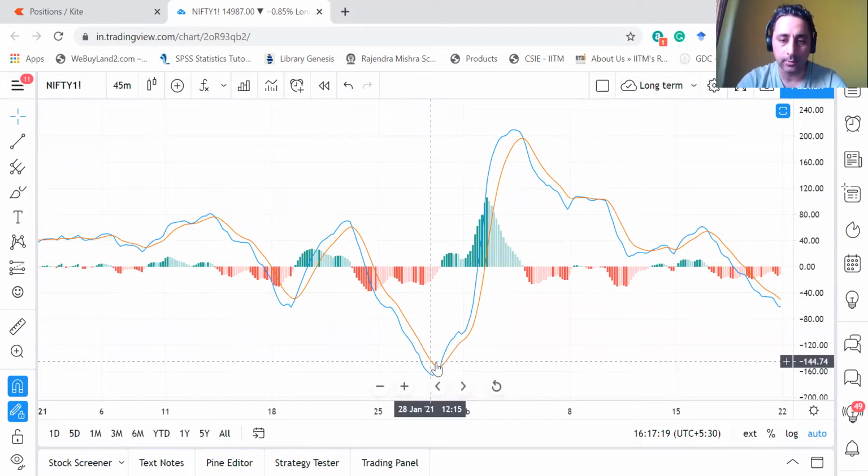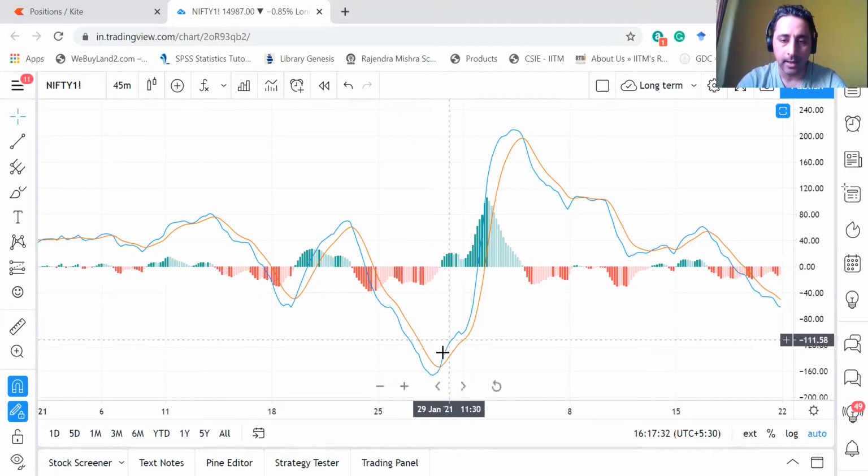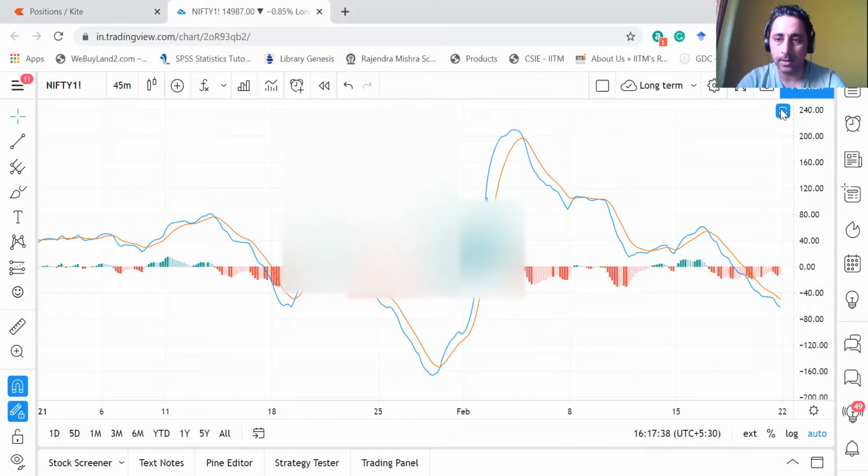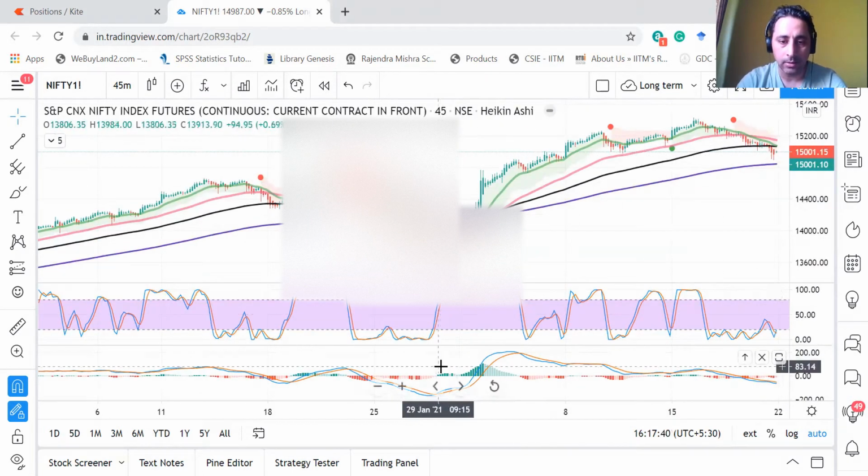So if I need to look at things closely, if you see this crossover here on 28 January at 3:15, the histogram also starts turning green, and the MACD starts crossing over, the blue line over the orange line. If you match this with the price, what you see here is one green candle in 45 minutes, but not a very strong one.